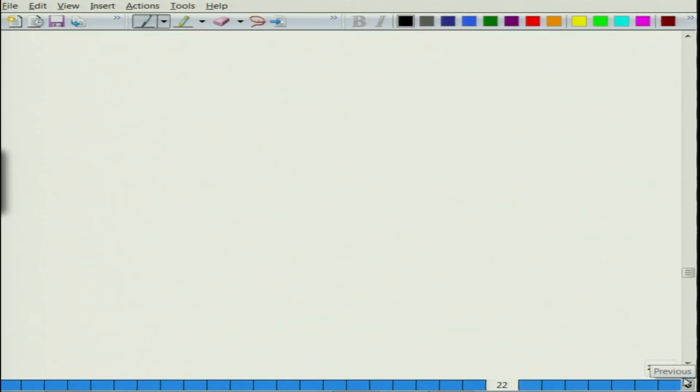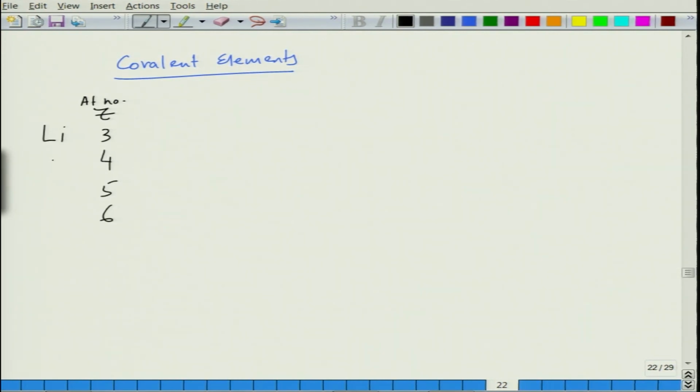This is very much related to the data. If you consider, for example, just the covalently bonded elements, you have Z, the atomic number, 3, 4, 5, 6. This is lithium, beryllium, boron and carbon, just the plain elements.